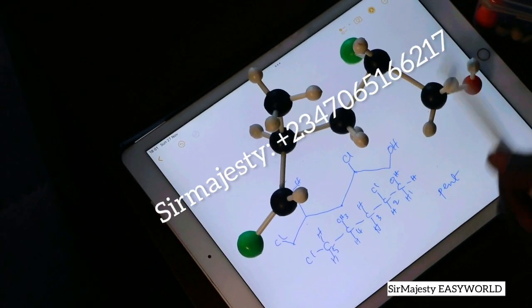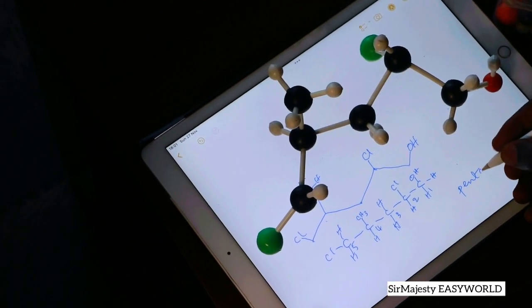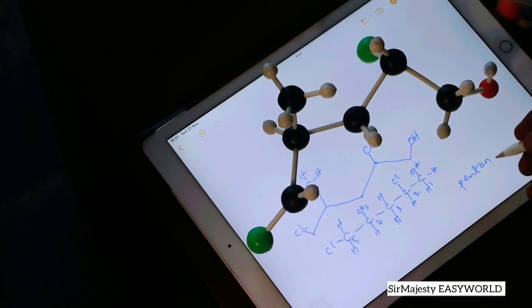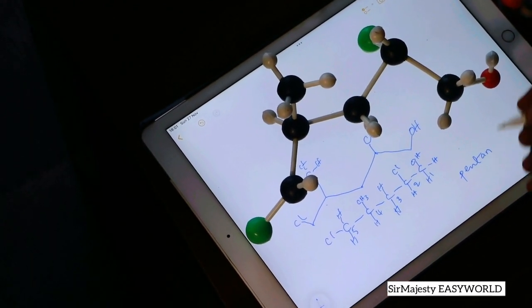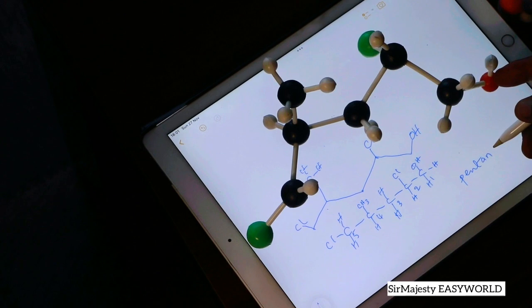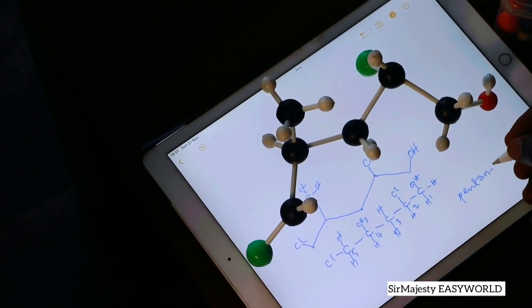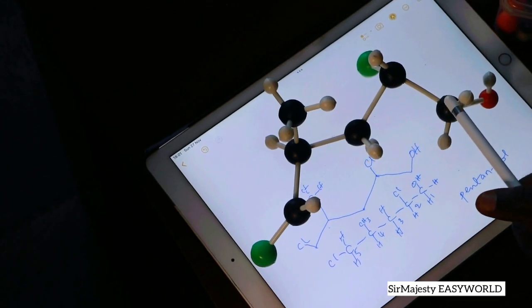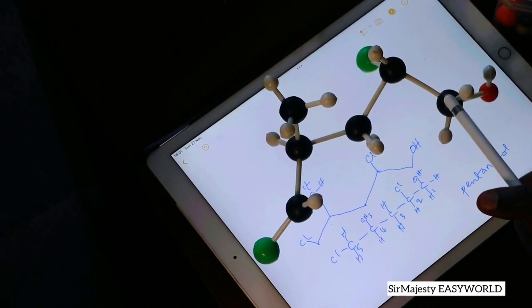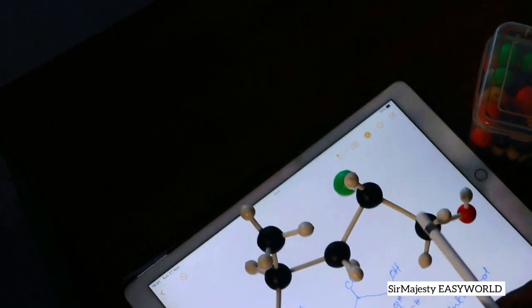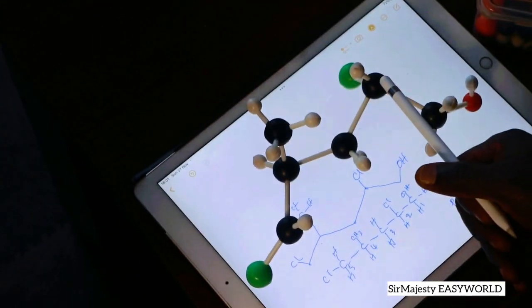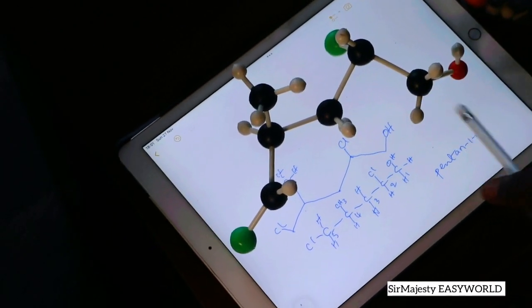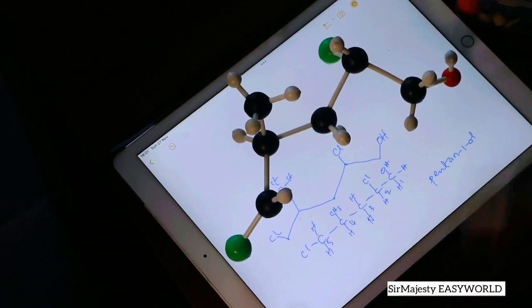So that is pent, and because of ane, because of the single bond, we put a, but because of the OH, we remove the e that's supposed to be in pentane and put ol, and that is pentan-1-ol, because this OH is attached to carbon number 1, and this makes this a primary alcohol or primary alkanol. If it is attached here, I will say pentan-2-ol, but because it's attached here, I will say pentan-1-ol, or I can just say pentanol.